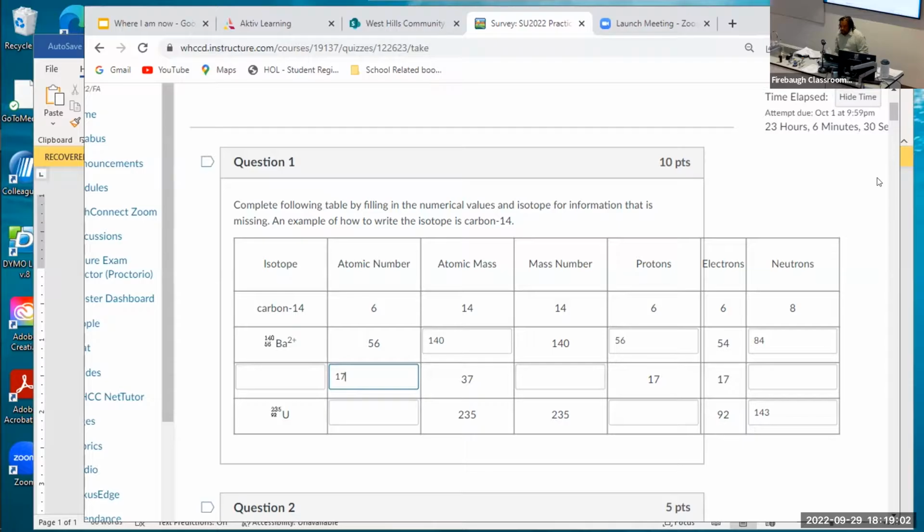What is the atomic mass? So then what is this isotope?